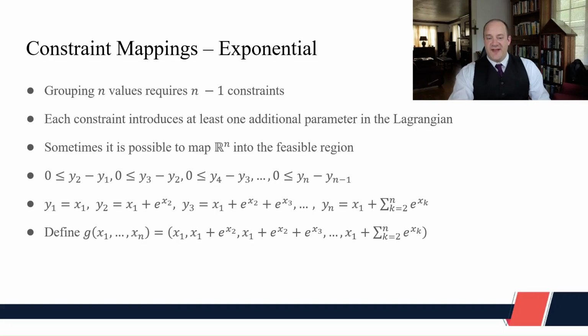I know that the output of this is in the feasible region, and then I'm simply going to take this and put that in my objective function and say, please maximize this thing. And so by composing this function, which maps all of Rn into the feasible region, with my objective function, I'm going to transform this constrained optimization problem into an unconstrained optimization problem.